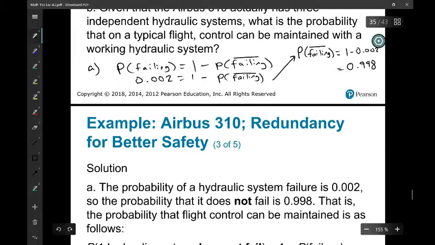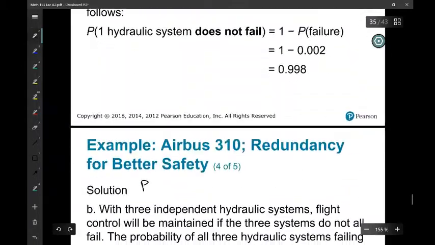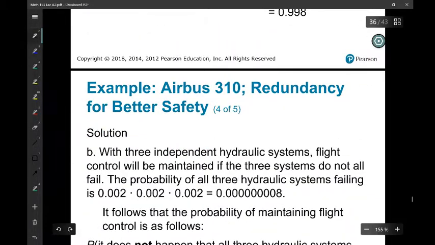So the strategy for B is, what is the probability of not failing? Well, that's 1 minus the probability of failing.